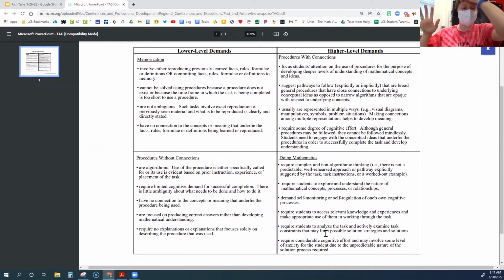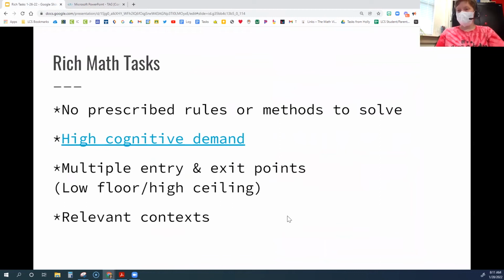But if you are trying to assess whether this thing that I want them to do is a rich task, and does it have high cognitive demand, you can look at how many it checks off on this right-hand side as the goal. Okay. I love this one. A rich task needs to have multiple entry and exit points.